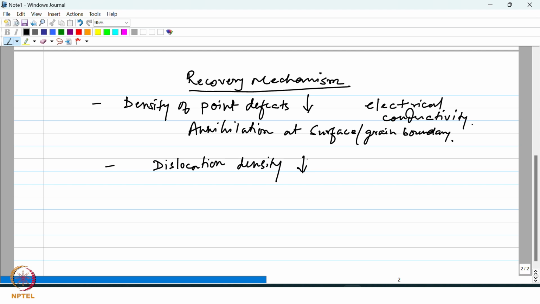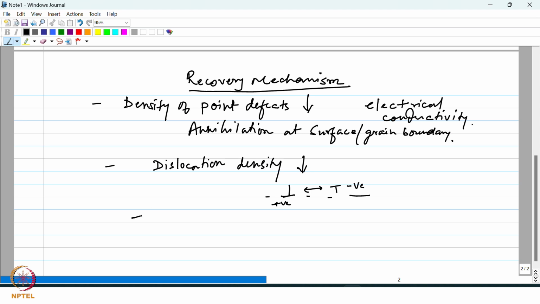For example, on the slip plane, if there are two dislocations having opposite signs, one having a positive sign, a positive edge dislocation like this, and if we have another edge dislocation which is negative moving on the same slip plane, then when these two come together, they will actually annihilate each other and the lattice distortion will also be eliminated, right? So this way the dislocation density can reduce.